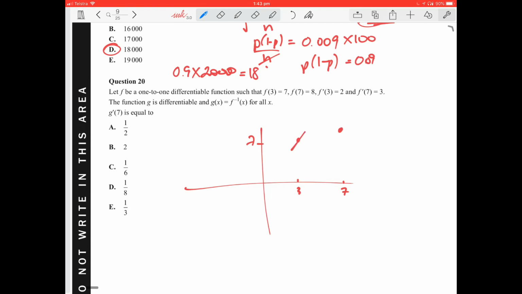F dash of 7 is 3, so it's steeper. F is differentiable, and g of x equals f inverse of x for all x. Okay, so g of x is f inverse of x.